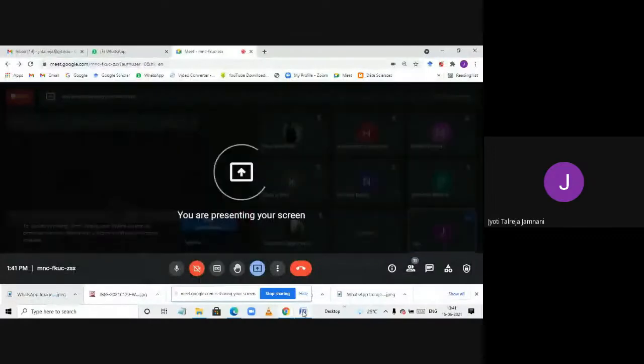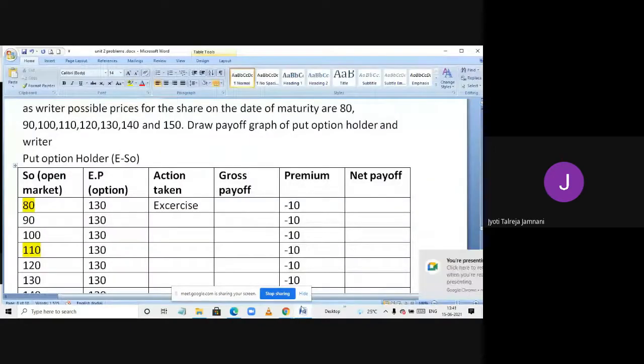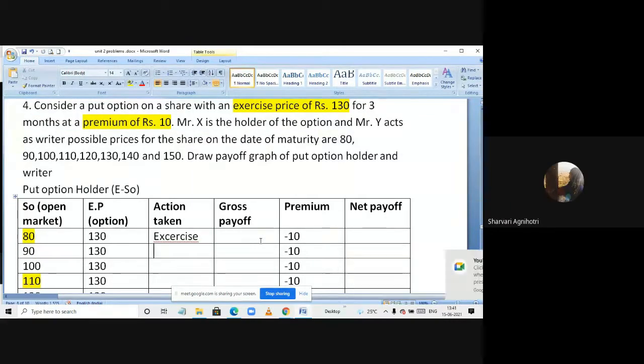I had a call, so it got disconnected. I hope the screen is visible. Yes, ma'am, it is visible.